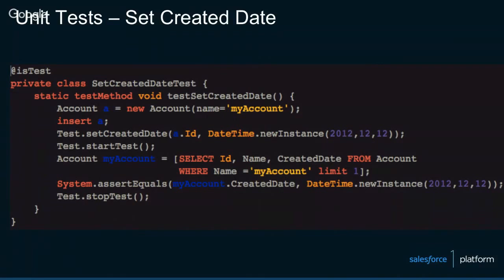So we had to take special care with our unit tests, or we had to design our classes to abstract away the notion of a created date, work on dates independently or something like that, or just not unit test it. Now we can actually set the created date with Test.setCreatedDate, and we pass in the ID of the object and the date time that we want to use for the created date, and then you can get it back the normal way with created date and perform your tests.